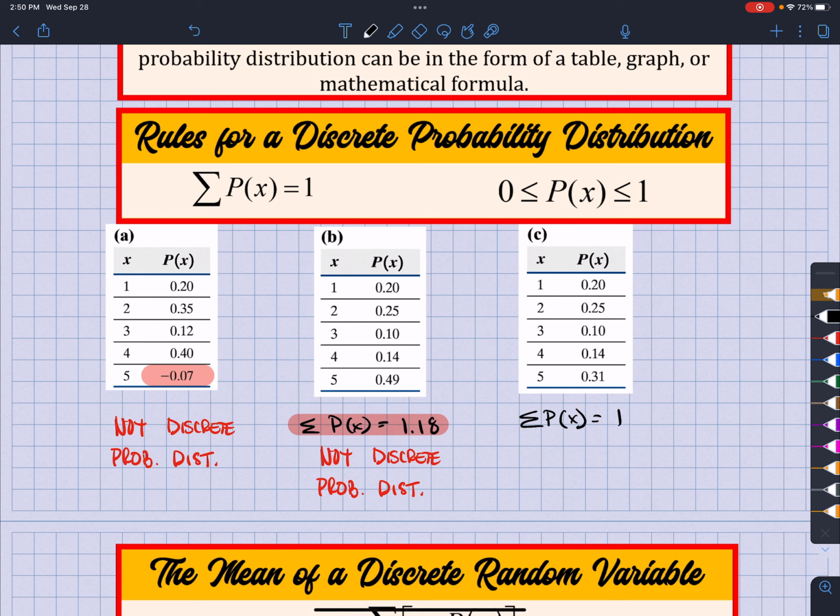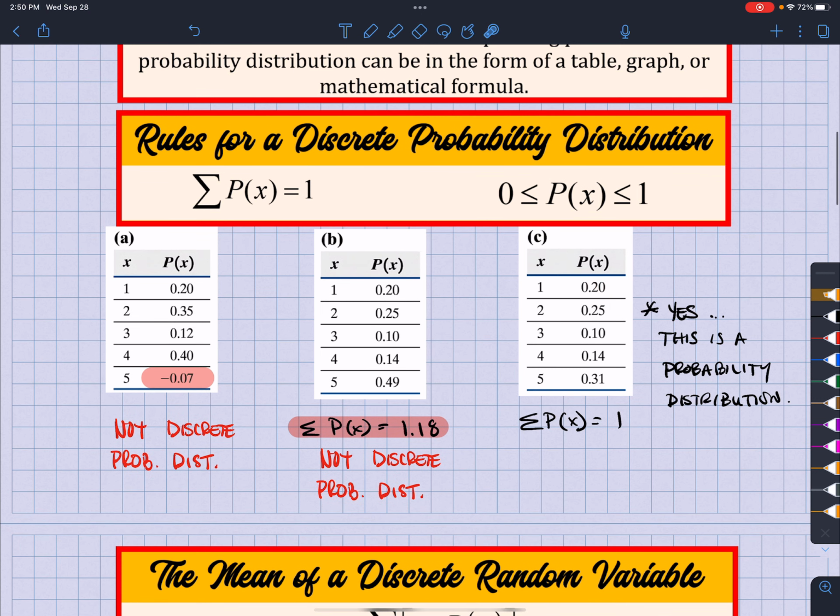So yes, this is a probability distribution, meaning that each individual one is between 0 and 1, and the sum of all of them is equal to 1. So this one is, all right?